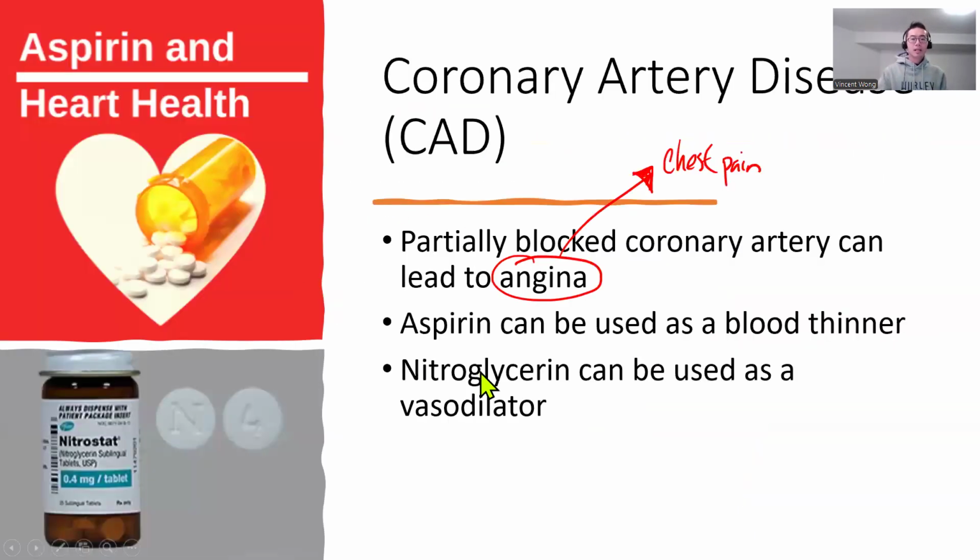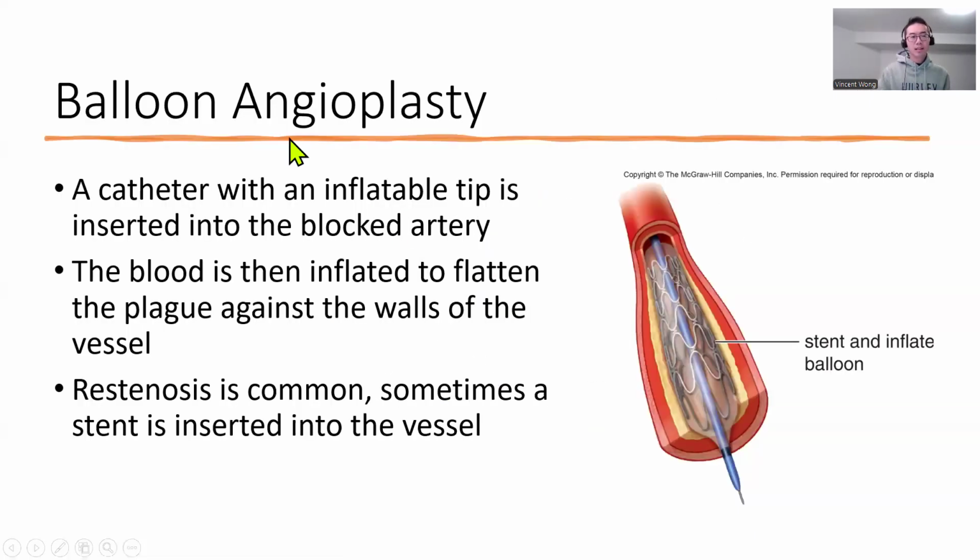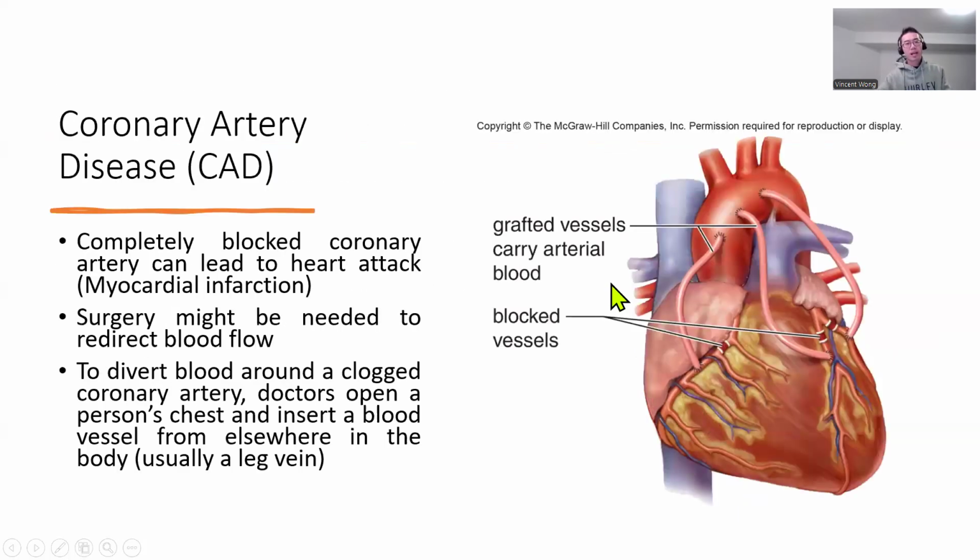So aspirin, nitroglycerin, balloon angioplasty is for partially blocked blood vessels. If it's completely blocked, then it's going to be a full-fledged heart attack, which is called myocardial infarction. Infarction means death.